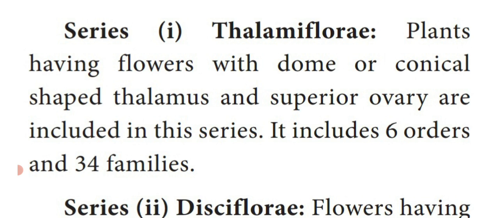So flowers with a conical thalamus and superior ovary come under series Thalamiflorae. This Thalamiflorae consists of how many orders? 6 orders and 34 families. Dear students, each series, Thalamiflorae, Disciflorae and Calyciflorae, is an important 2-mark question.